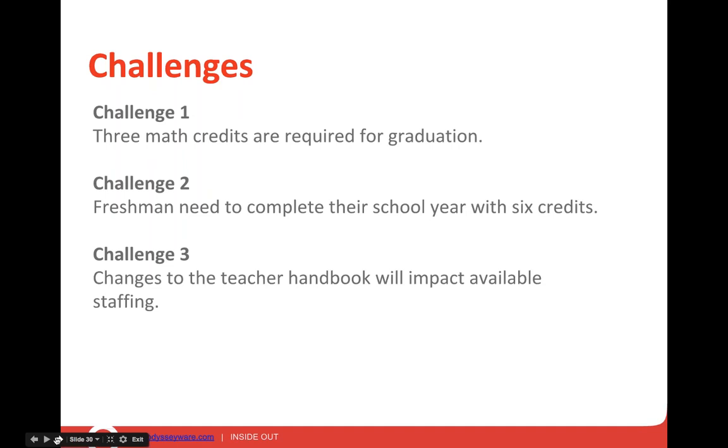That's at a minimum. We also have a second challenge, which is that we want our freshmen to complete their freshman year with 6 credits. In the state of Wisconsin, a semester course is 0.5 credits, so we're asking students to pass 12 semesters' worth of courses. Challenge 3 is a change to the teacher handbook, which we feel may impact available staffing for our summer school program.